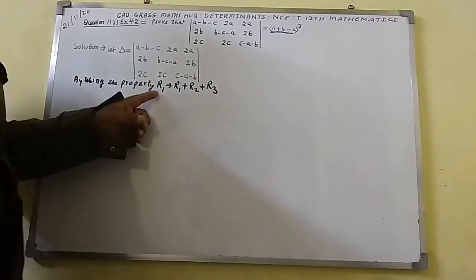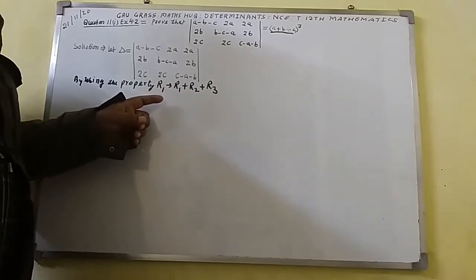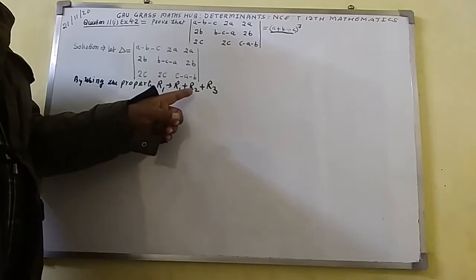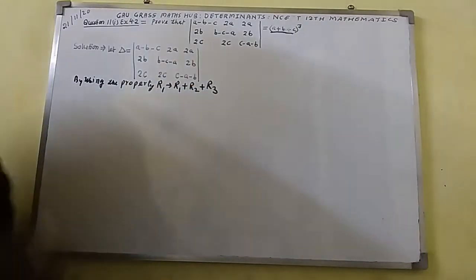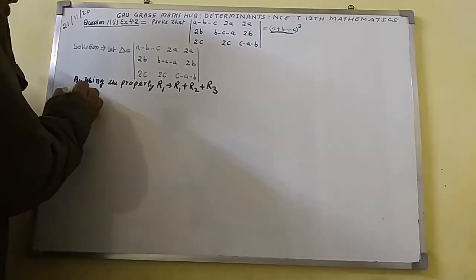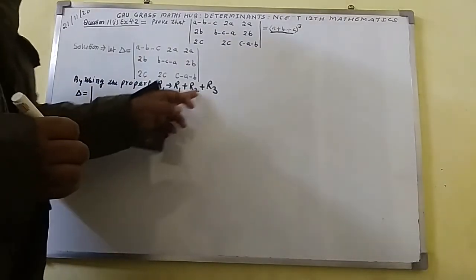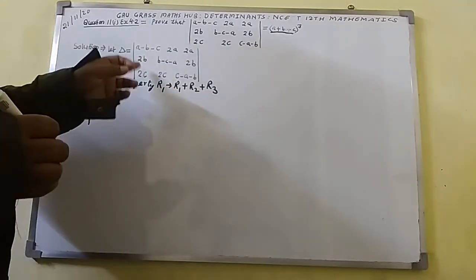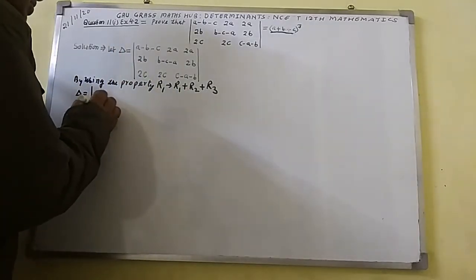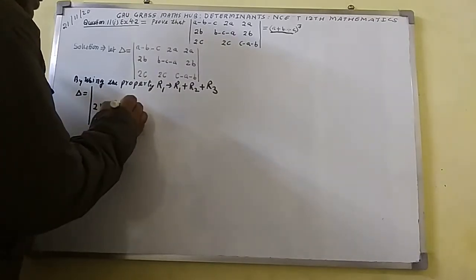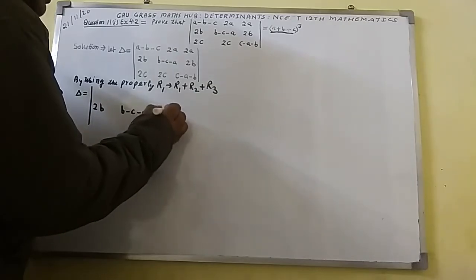So here you can see R1 goes to. This means that changes will occur only in the first row. There will be no changes in the second row and third row. So I shall write the second row and third row as it is, as given in this determinant. The second row as it is: 2b, b minus c minus a, 2b.